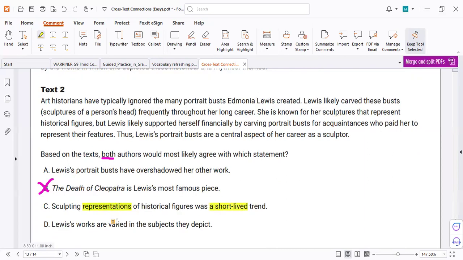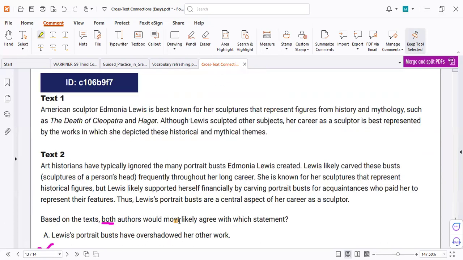But we have evidence for letter D: the works are varied in subject. How? This is one he mentioned: although Lewis sculpted other subjects, that means he mentioned she did other subjects. As he mentioned here, she represented figures from history and mythology, and she sculpted other subjects.